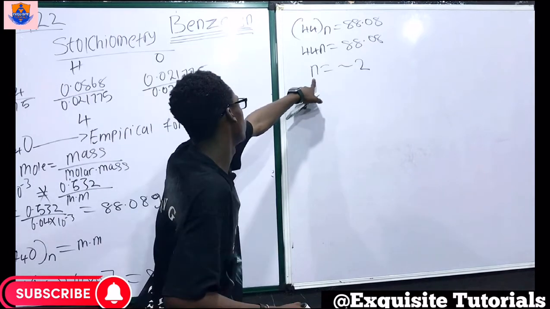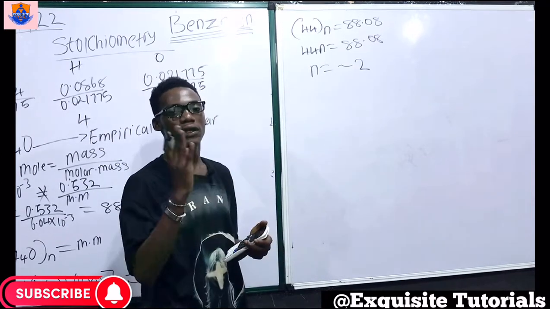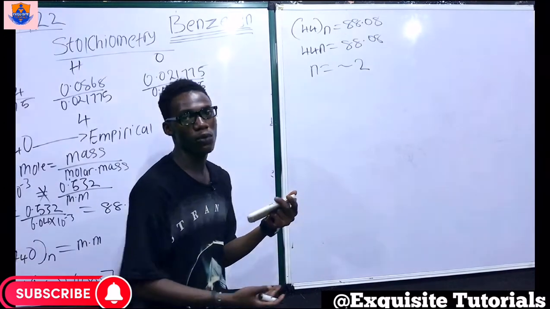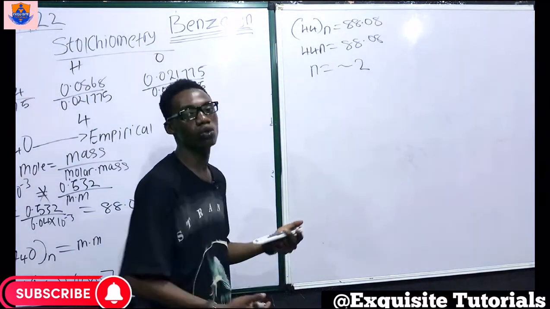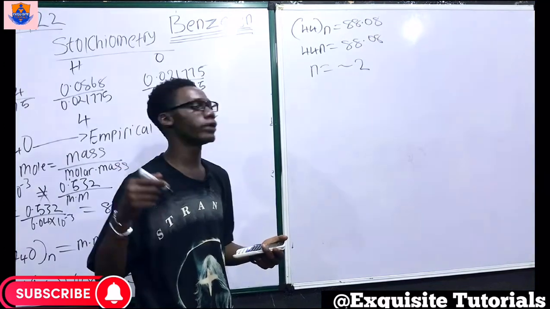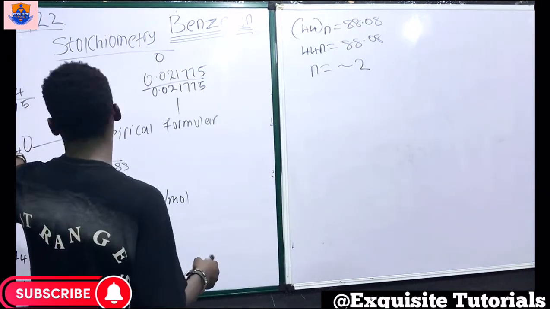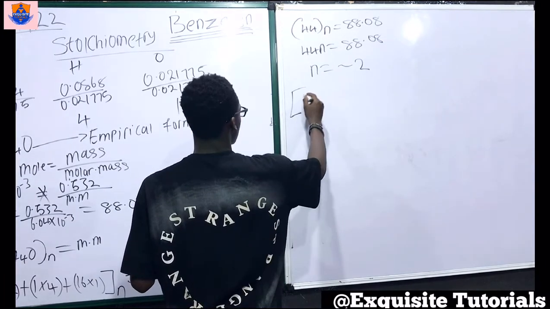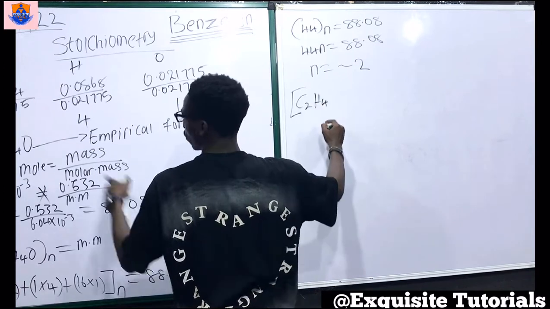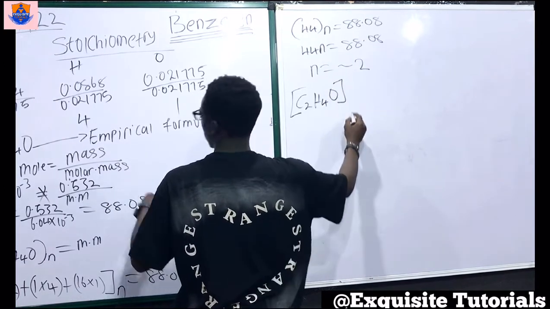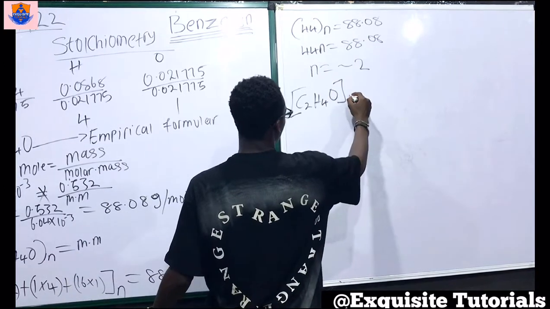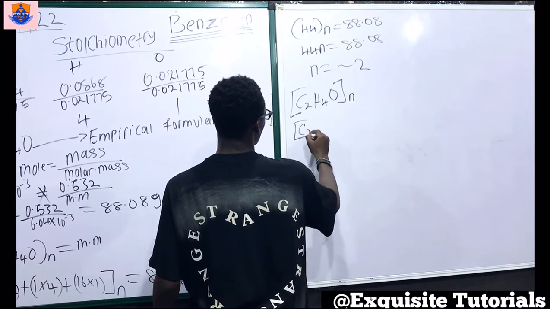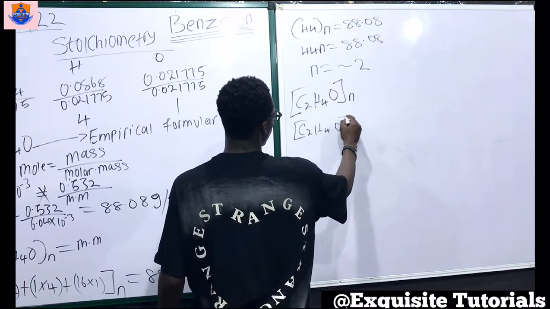Now this is the n value, and I told you the n value is the whole number that multiplies the atoms of the empirical formula to give the real compound here. So now we have the empirical formula C2H4O times n, which is the same thing as C2H4O times 2.